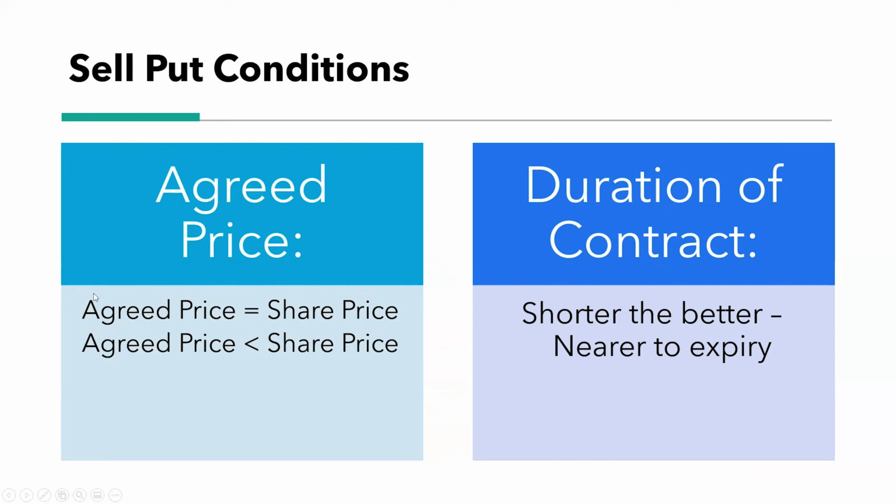On the other hand, if I feel that Facebook's share price today is a little expensive, and that its fair value is around $250, I may then choose an agreed price that is lower than the share price.